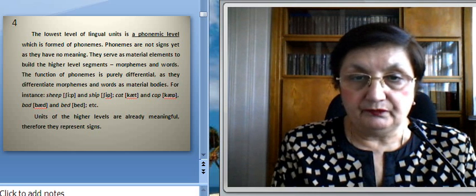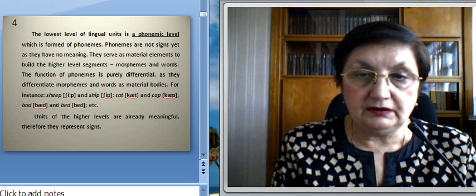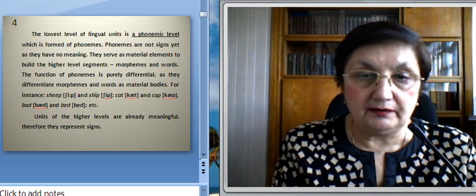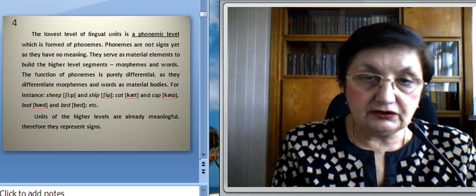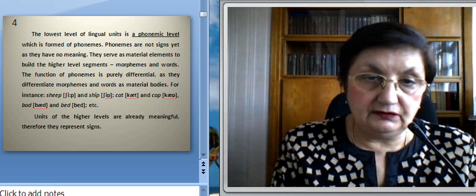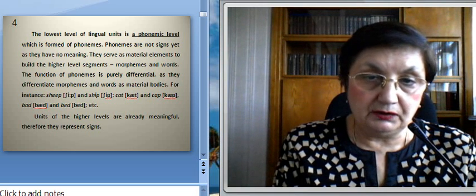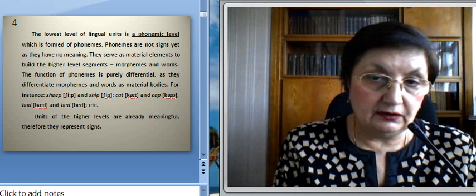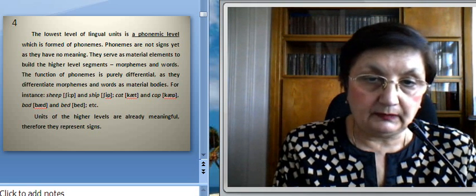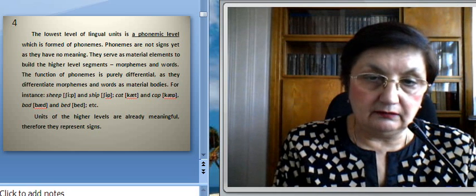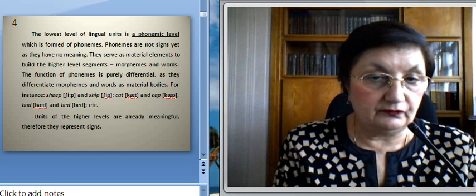They serve as material elements to build the higher level segments, morphemes and words. The function of phonemes is purely differential, as they differentiate morphemes and words as material bodies. For instance, sheep and ship, cat and cap, bed and bad, etc. Units of the higher levels are already meaningful, therefore they represent signs.